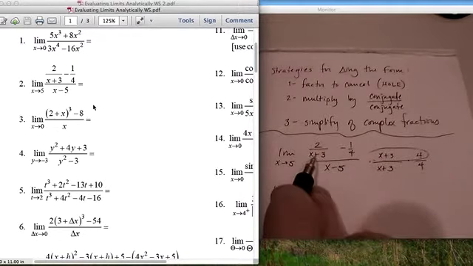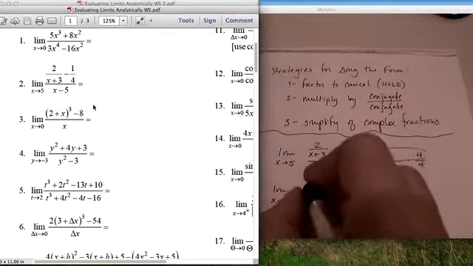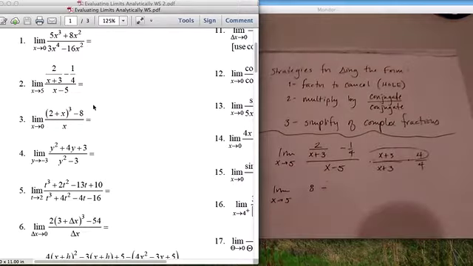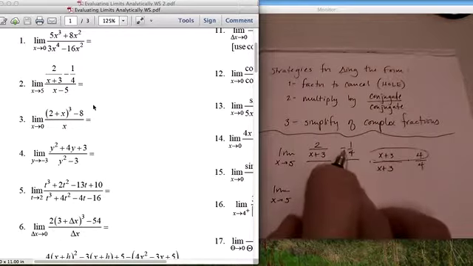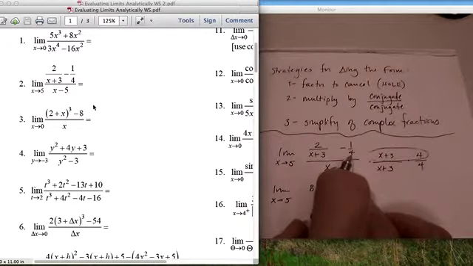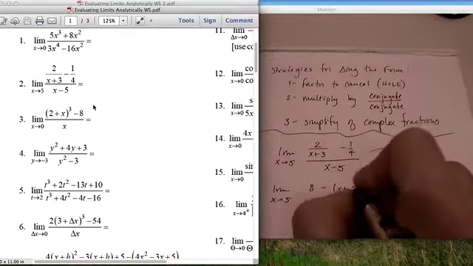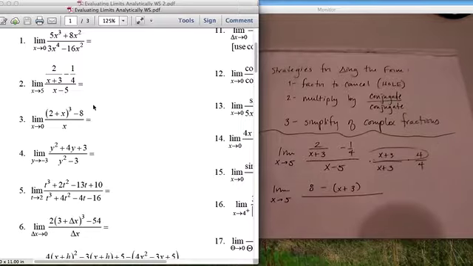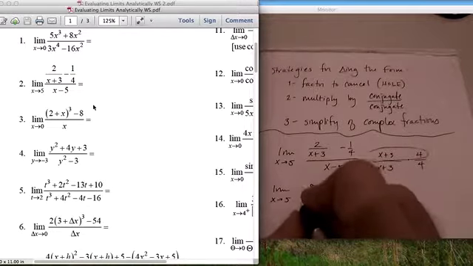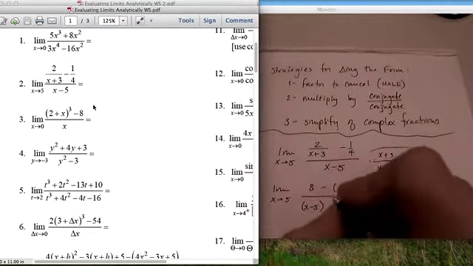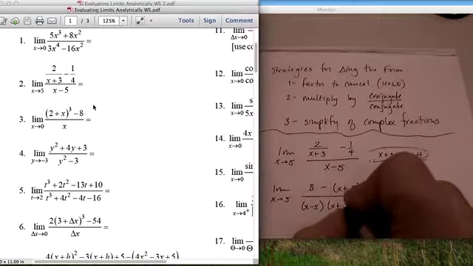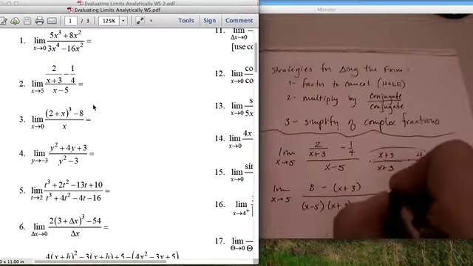When I distribute it to the first term, the x plus 3's cancel, and the 2 and the 4 combine to make 8. If I distribute it to the second term, the 4's cancel, and I just have x plus 3. I still have x minus 5 in the denominator, I still have x plus 3, and I still have 4.